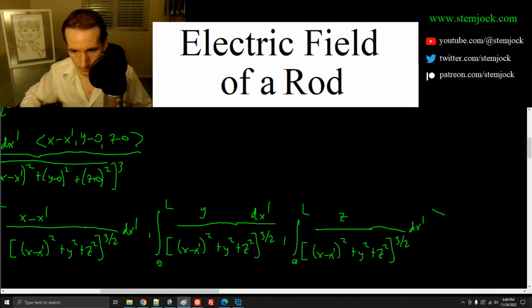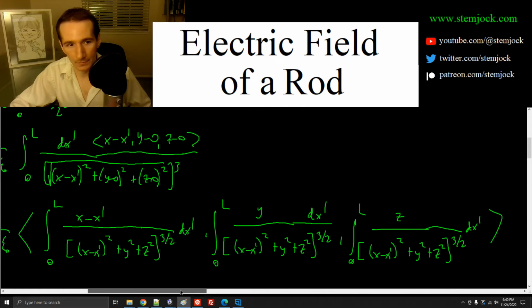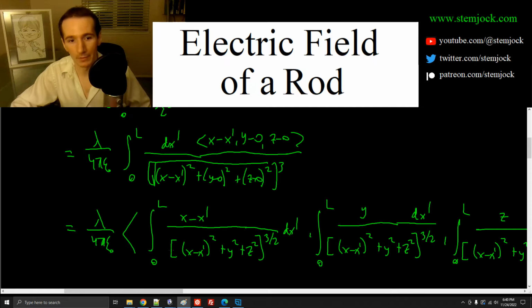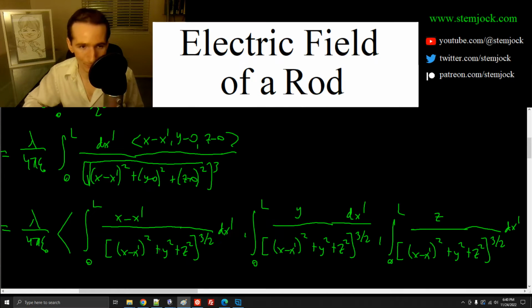Okay, so the integral of a vector has become the vector of 3 integrals in the components. Now because our integration variable x prime appears under a root and is squared, we have to use trig substitution, my favorite method.